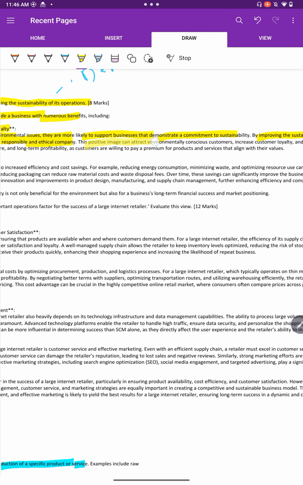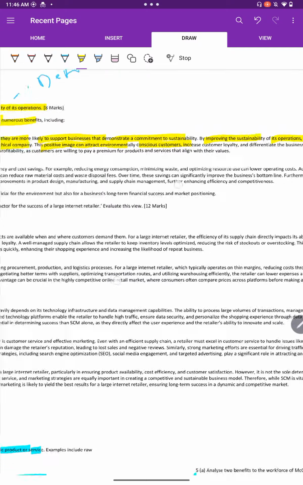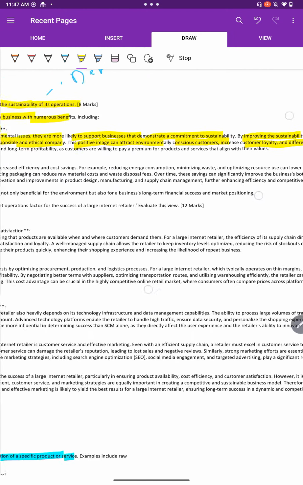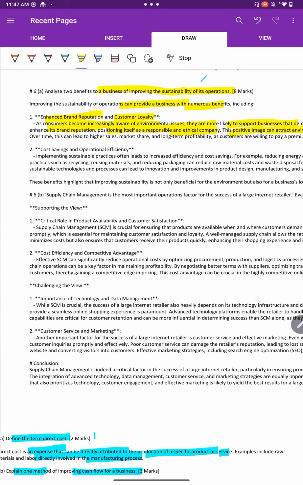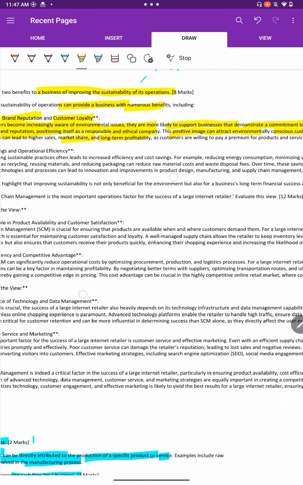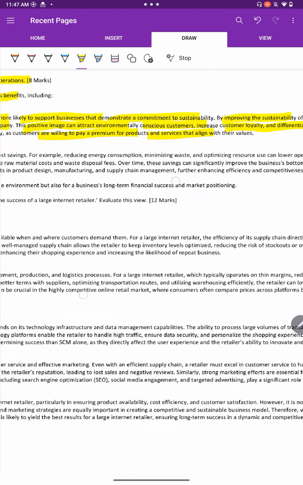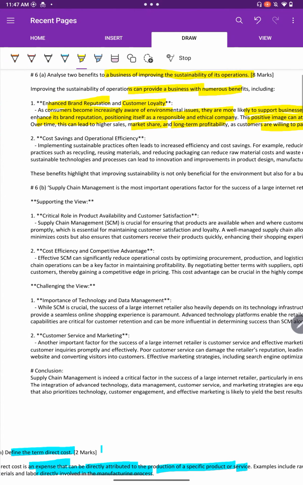This positive image can attract environment-conscious customers, increase customer loyalty, and differentiate the business from competitors. Over time, it can lead to higher sales, market share, and long-term profitability, as customers are willing to pay a premium price for products and services that align with their values. This is the first advantage.